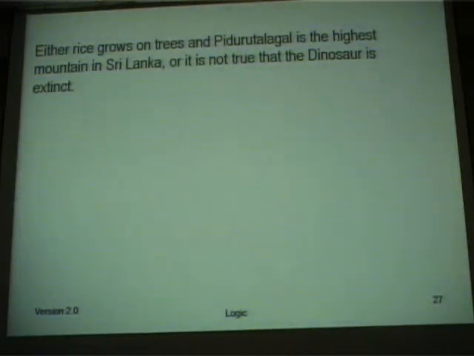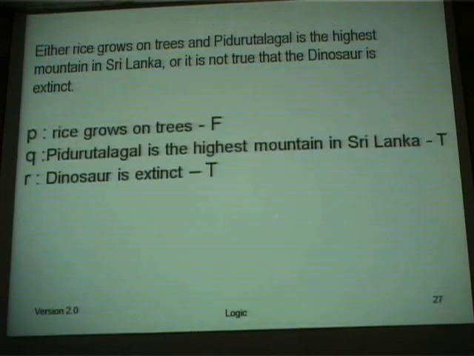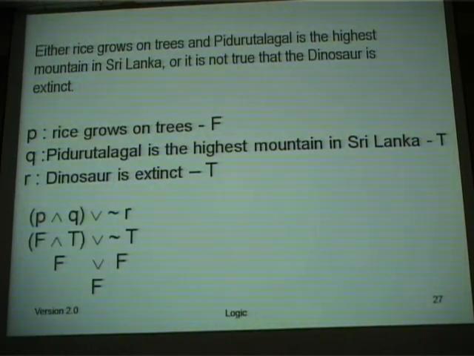For example, this one: either rice grows on trees and Pidurutalagala is the highest mountain in Sri Lanka, or it is not true that the dinosaurs are extinct. If we look at only the symbolic form of these expressions, I have only three distinct primitive propositions to convert this into symbolic form.